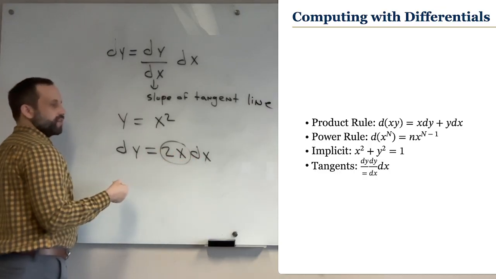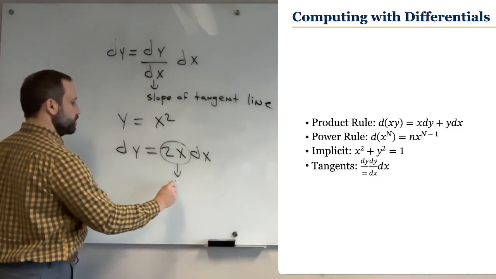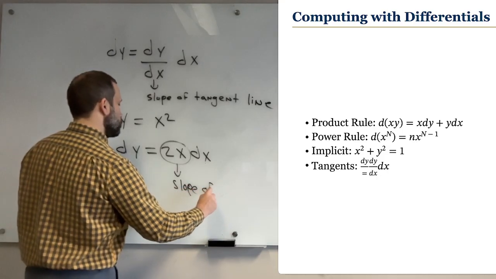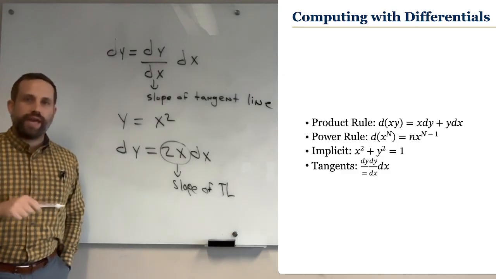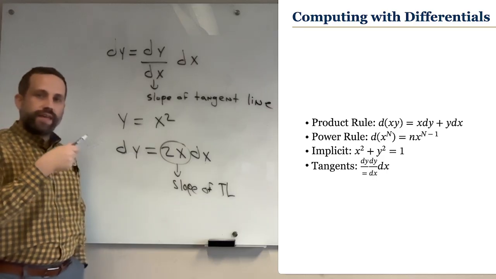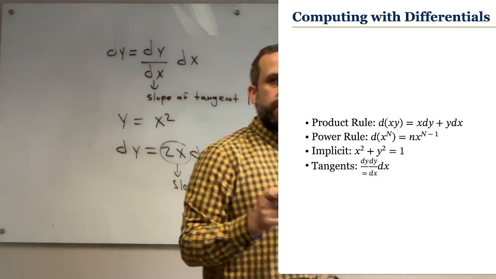If you just divide both sides by dx, you get dy/dx equals 2x, and so this is going to be the slope of the tangent line. So again, this is a different way of thinking about things, but also in some ways similar to how Newton was thinking about things as well.